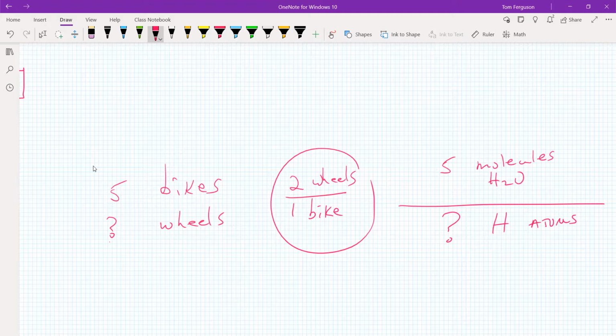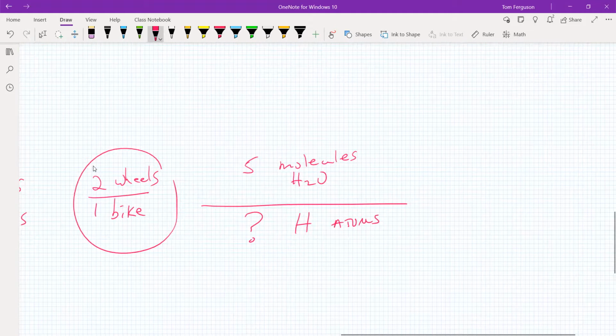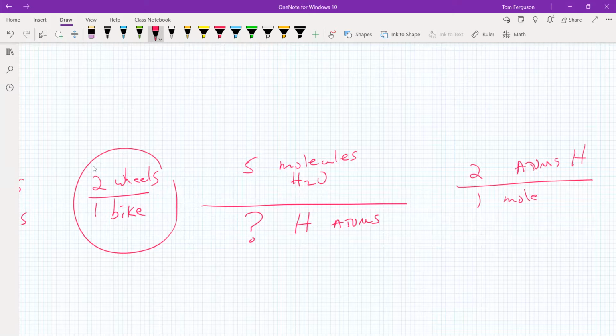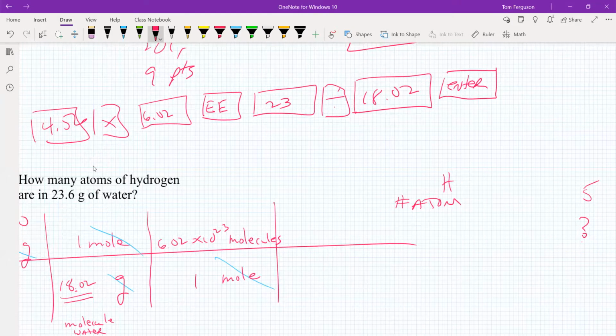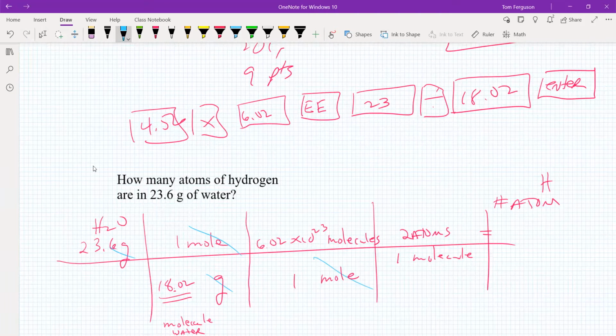So for each molecule of water, I have 2 atoms of hydrogen. That's our conversion factor. We needed one more step here to get us from molecules to atoms, and that's a real important step.